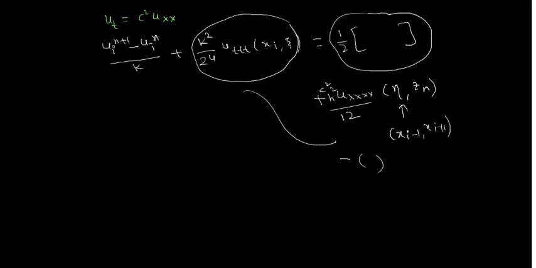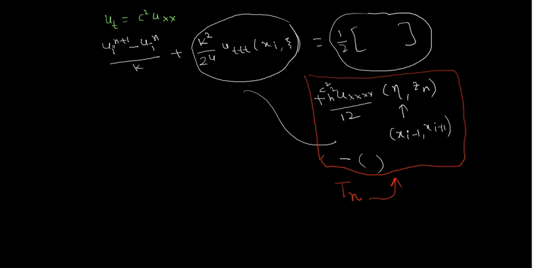So this whole will be the truncation error for the Crank-Nicolson scheme: c square h square by 12 u xxxx at some eta, tn, minus k square by 24 u ttt.